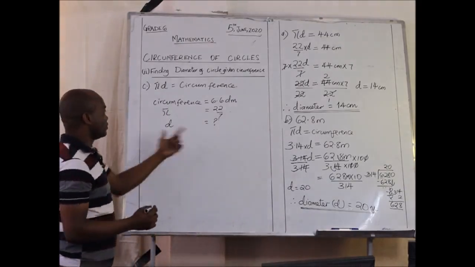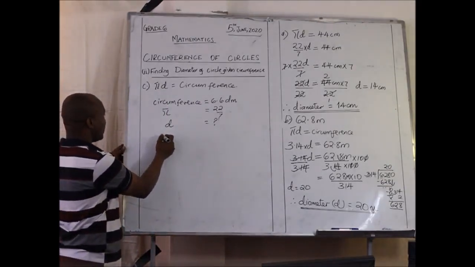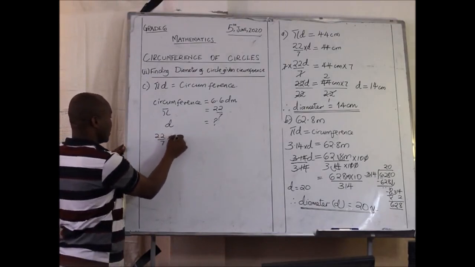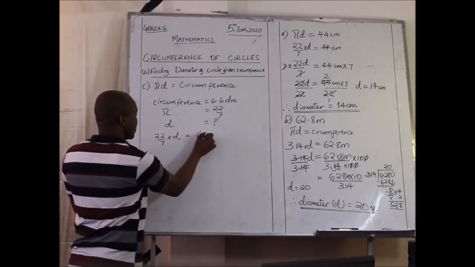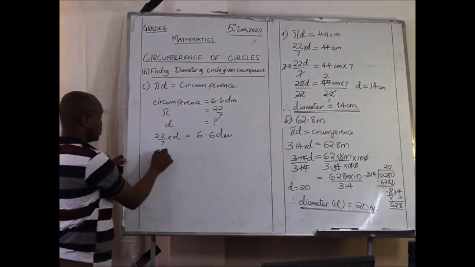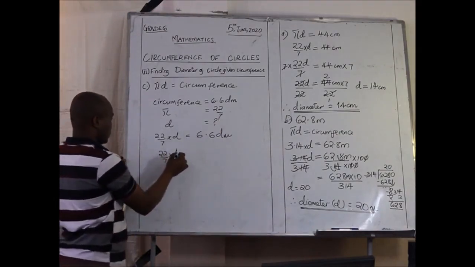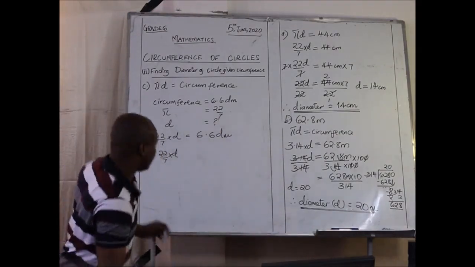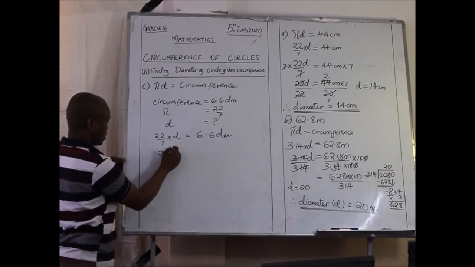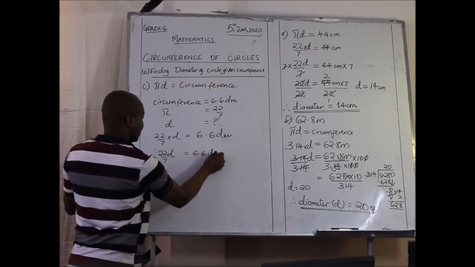So from there, we are going to say that pi, which is 22/7, times d equals 6.6 decimeters. 22/7 d equals 6.6 decimeters.